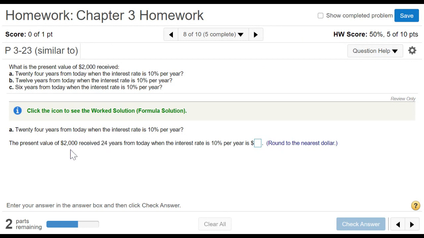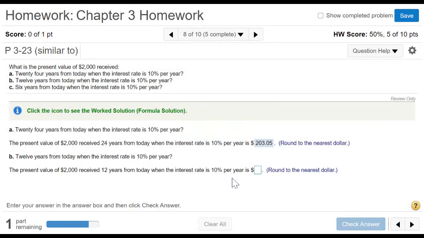What is the present value? Received in 24 years. It's 203.05. Good.